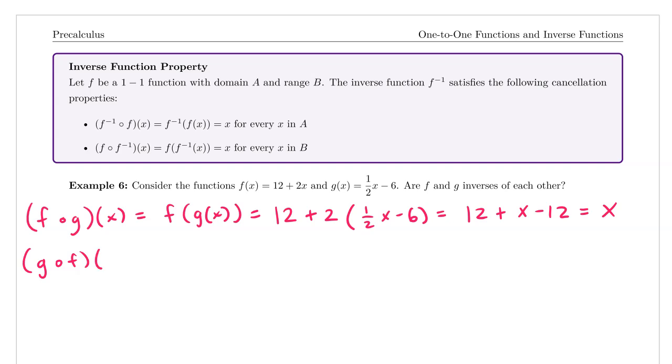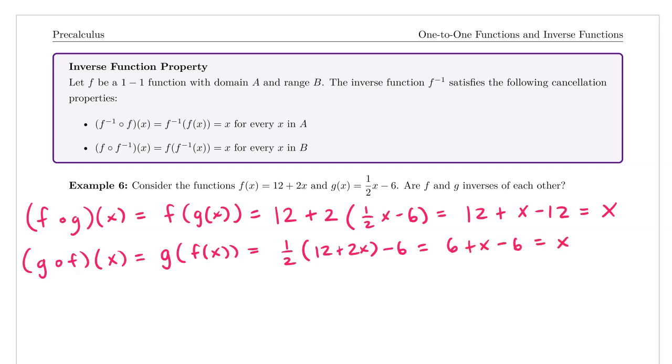So if I compose it the other way, that's going to be equal to g of f of x. So that's going to give us 1/2 times 12 plus 2x, minus 6. If I distribute the 1/2, that's going to be 6 plus x minus 6, and then combining like terms we get x. So notice that we got x both ways that we compose this.